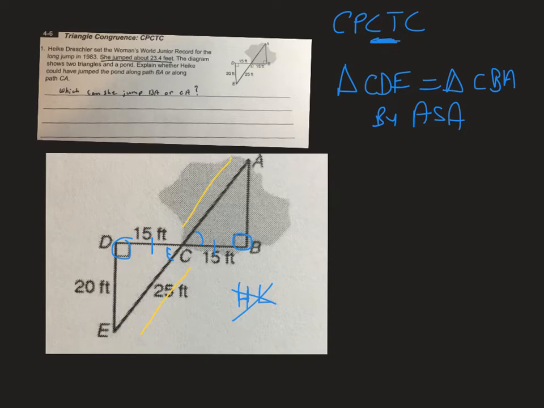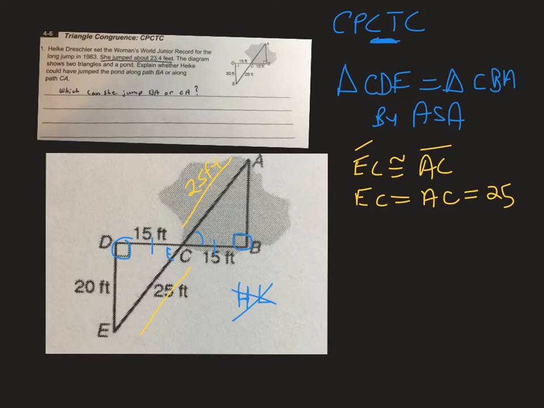So I know that EC is congruent to AC, so the distance is the same. EC is equal to AC, so this distance is 25 feet.